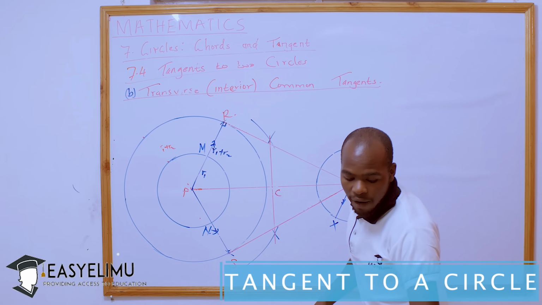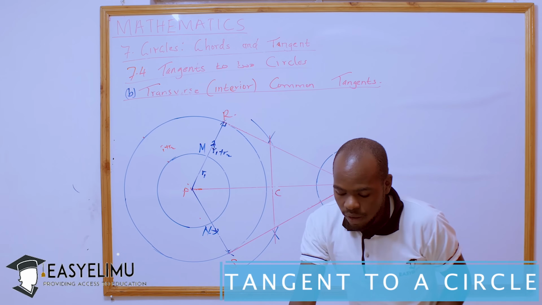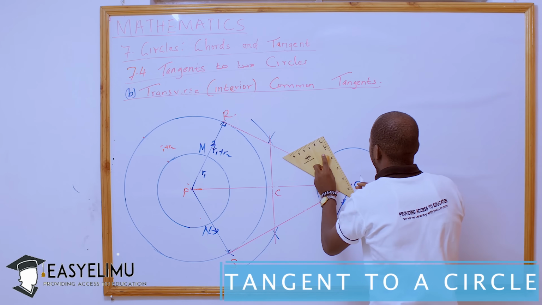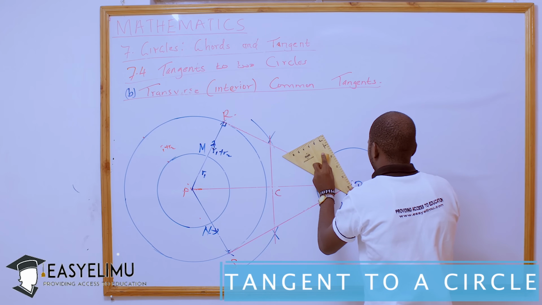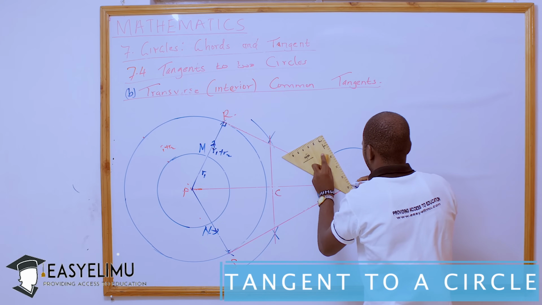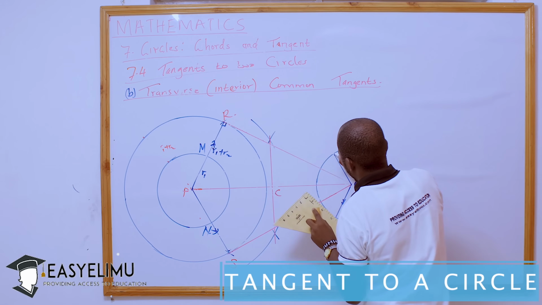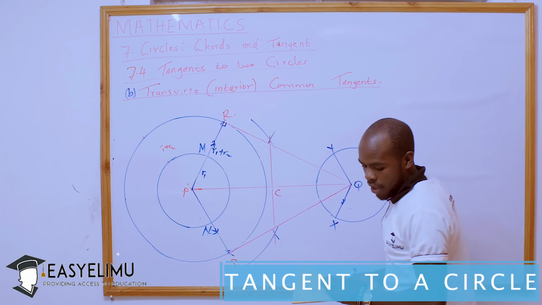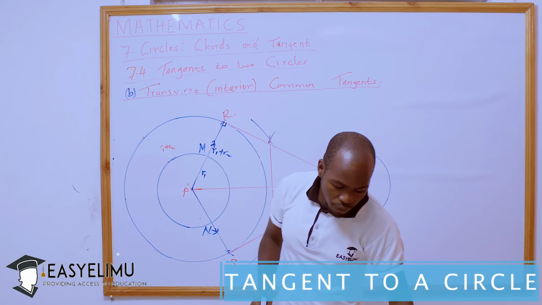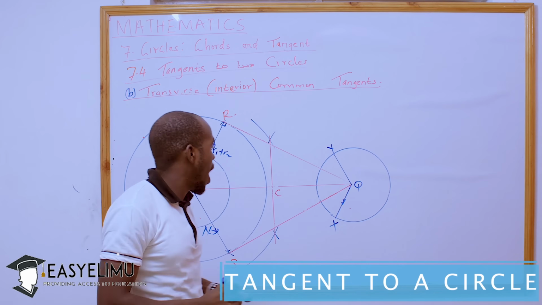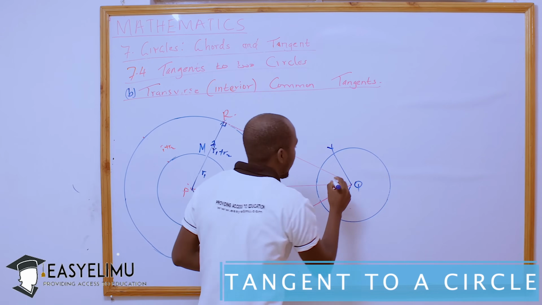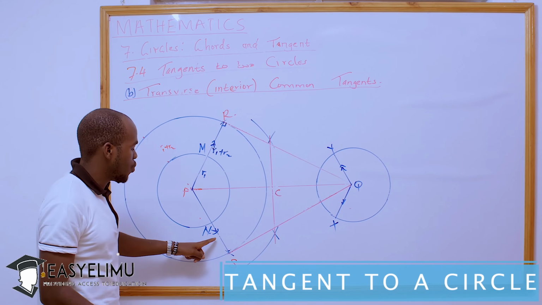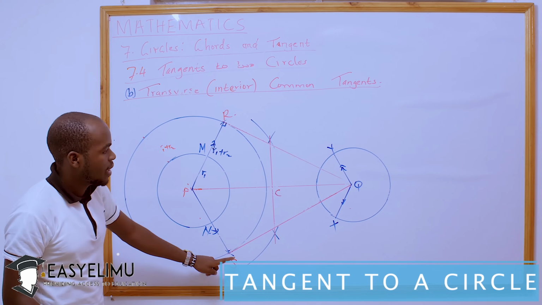After getting that point, join the point with the center, and let us name this one Y. So we have joined to find the other point Y, which is on that part, and this line here is parallel to line PNS.